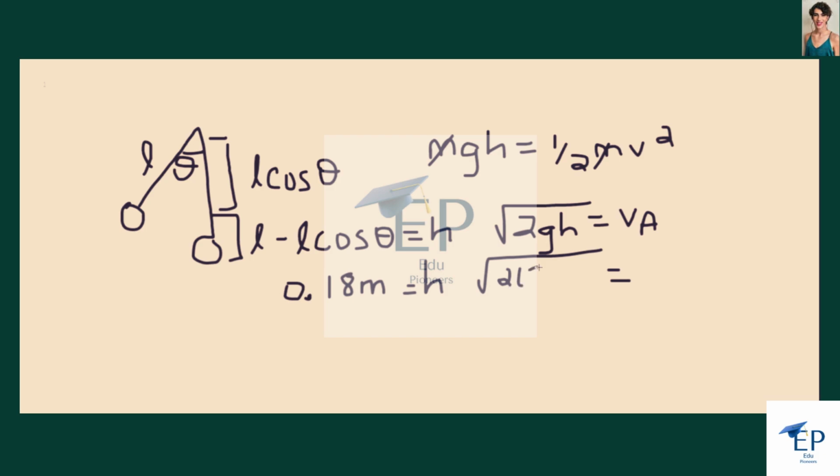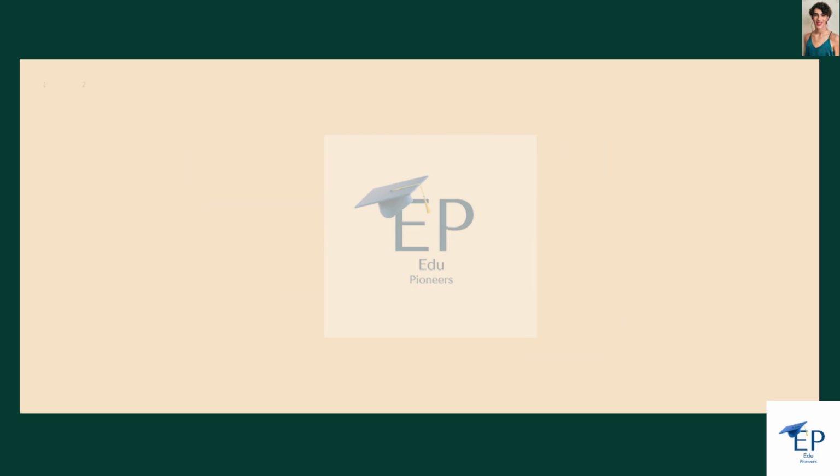Using 9.8 for gravity, we can say our velocity right before it hits mass B is 1.86 or 1.9 meters per second.